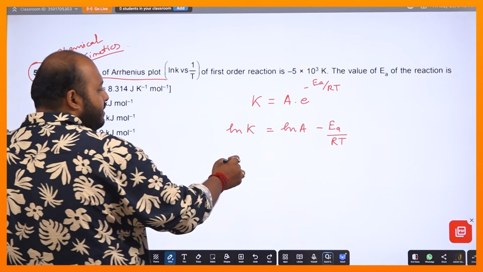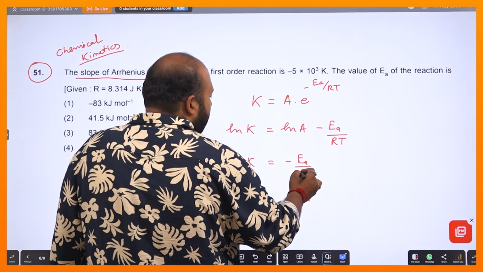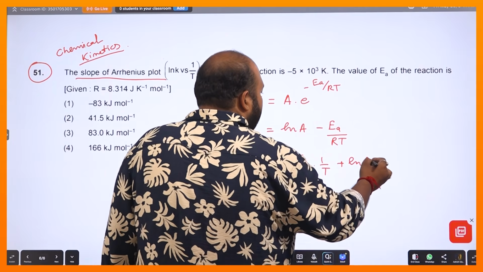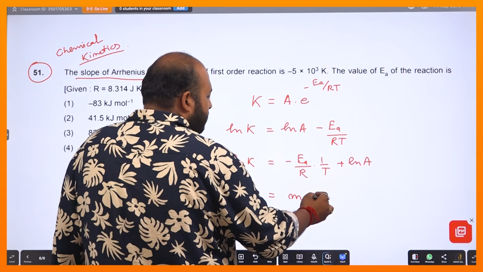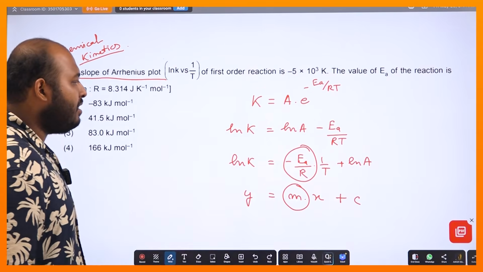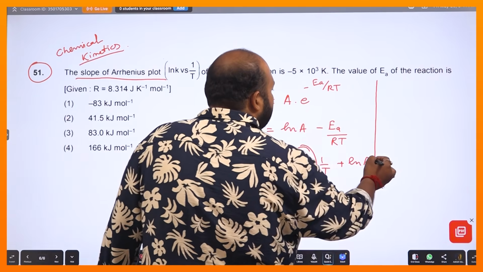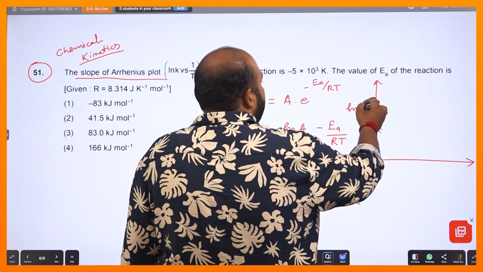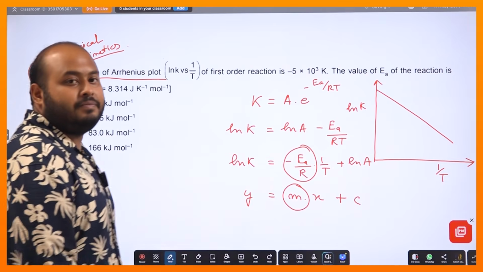And if we rearrange it, ln K equals minus EA by R into 1 by T plus ln A, we can get a straight line equation where we can compare that the slope will be equal to minus EA by R. And if we plot a graph between ln K versus 1 by T, it will look like this.